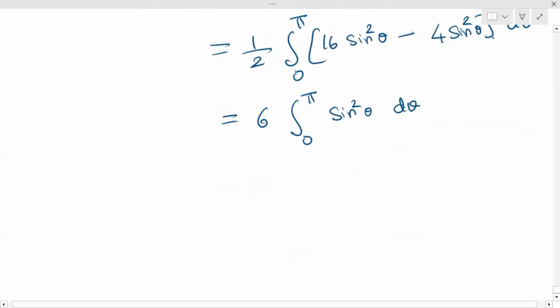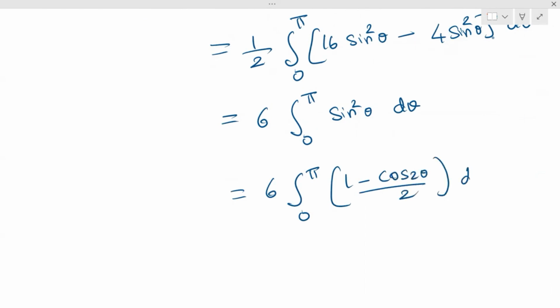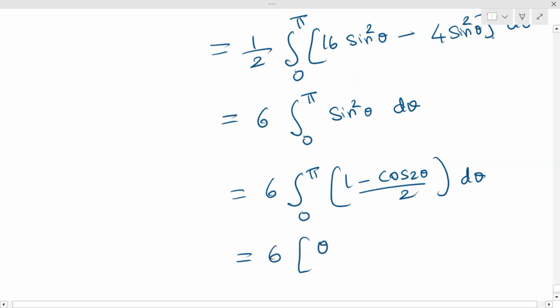We know how to integrate sin square theta using the formula: 6 integral 0 to pi of 1 minus cos 2 theta by 2, d theta. So 6 into, now integrate. Integration of half is theta by 2.